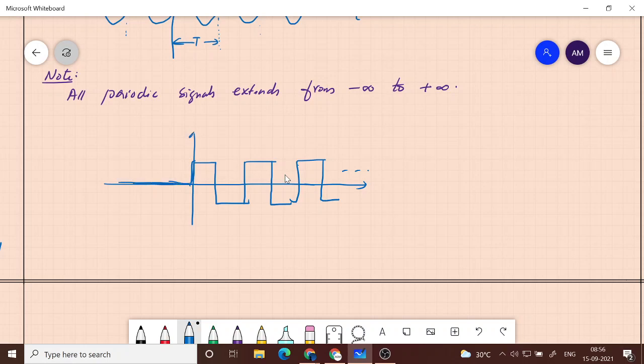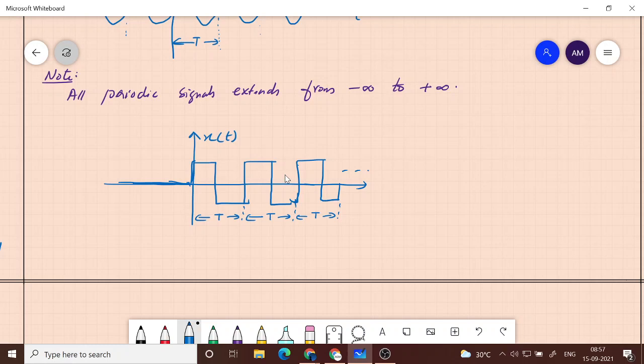Now the question is, is x of t periodic? Okay, so this is t, and this is also T, like this. This is also T. So it is repeating on the positive side, but it is 0 on the negative side. Okay, is this signal periodic?